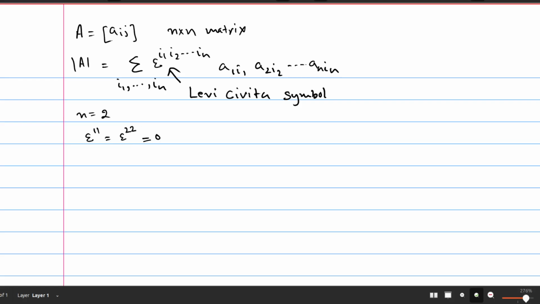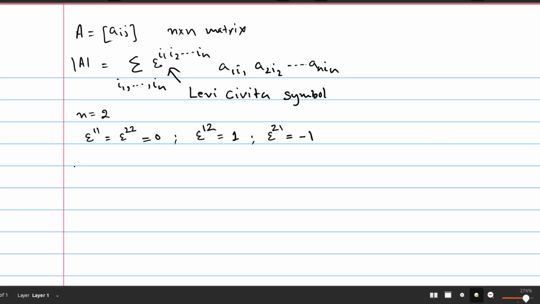So if any two of its indices are equal, then it is equal to 0, and epsilon 1 2 is equal to 1, and epsilon 2 1 is equal to minus 1.